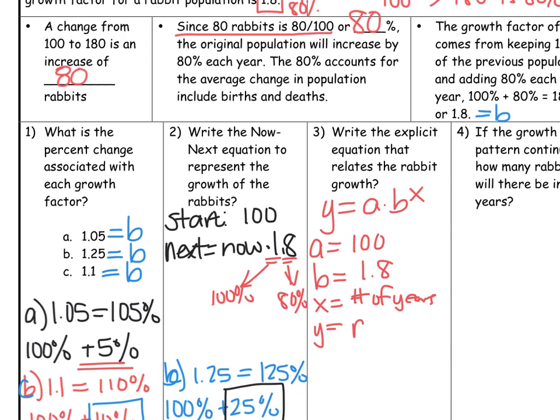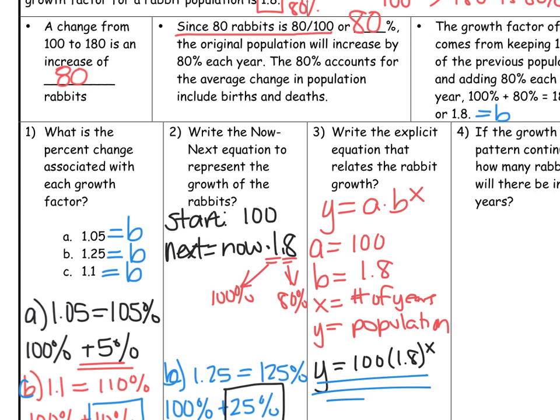And y is the population of rabbits. So if we fill in what we know, y is the population. We started out with 100, and that's times 1.8 to the x. That's the equation we're looking for.